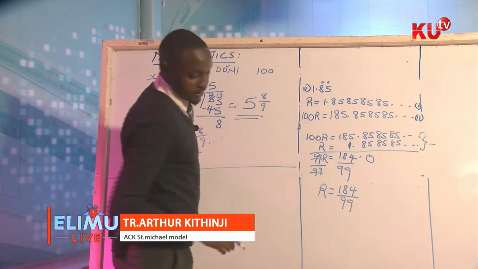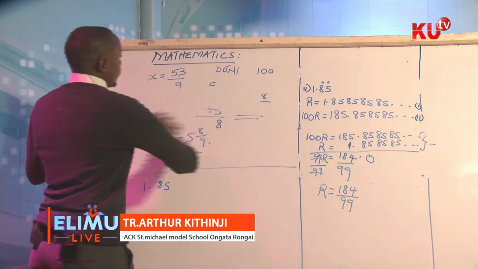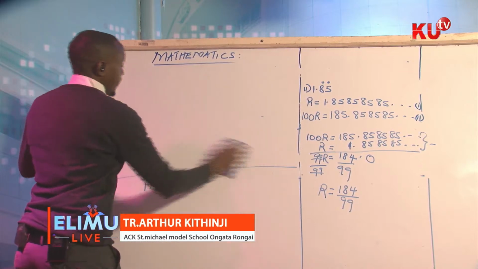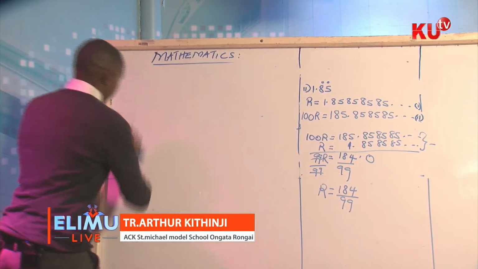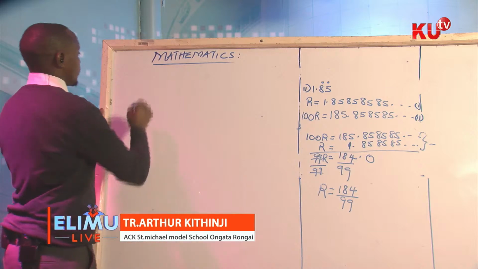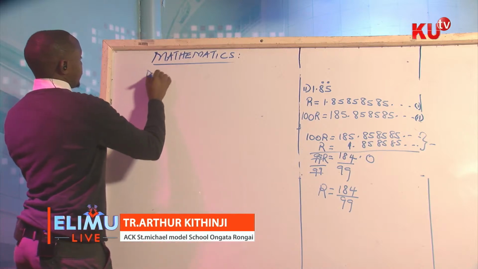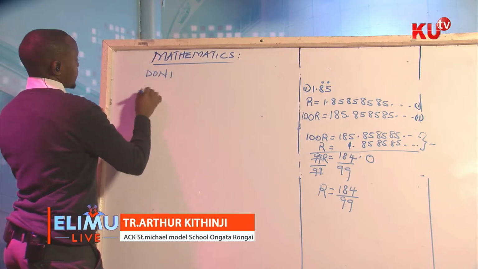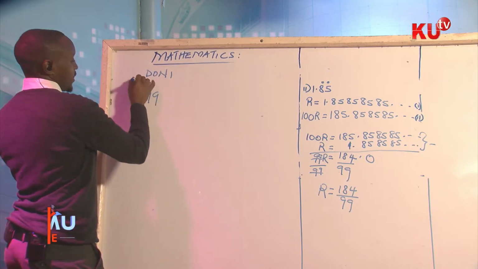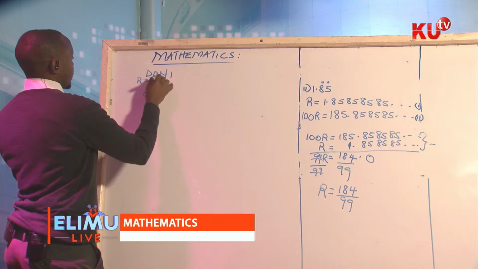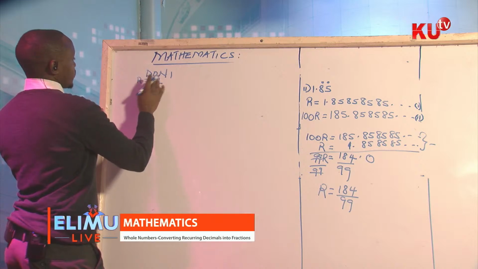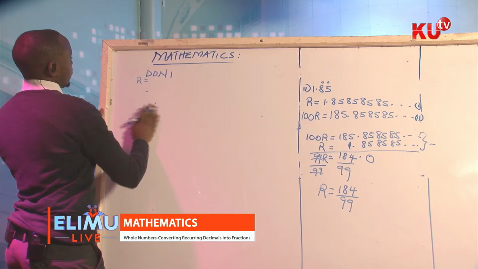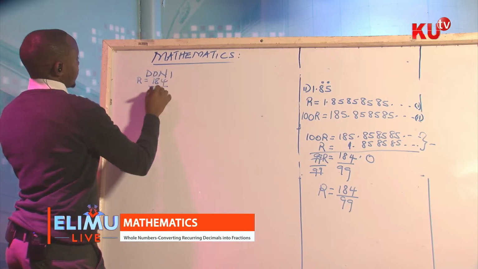And this is not yet in the good form we want it to be. So we must make that a mixed fraction. We have said we use a simple formula: denominator out, numerator in. Denominator out, which is 99. So R is equal to 184 all over 99.